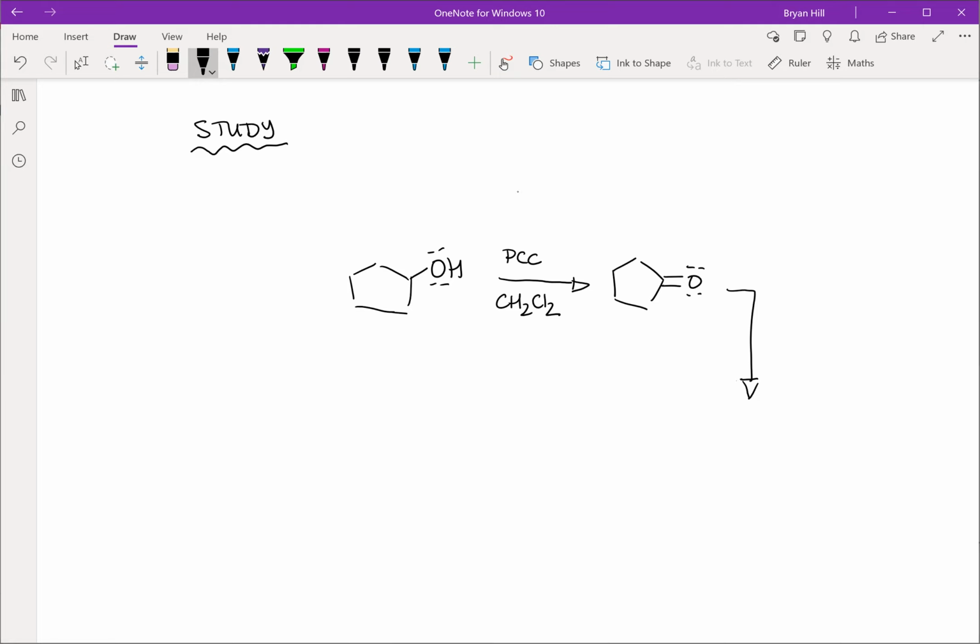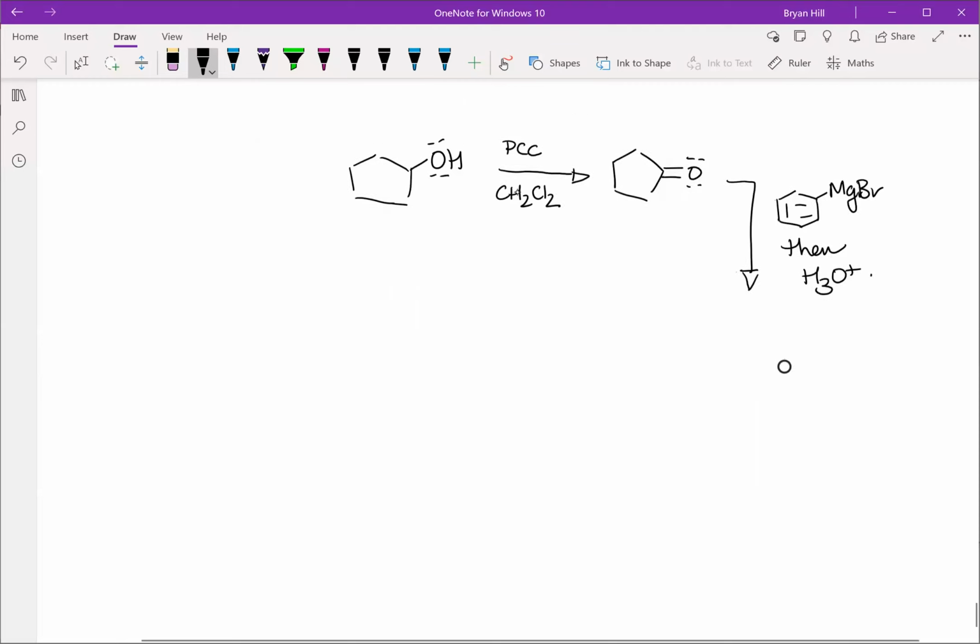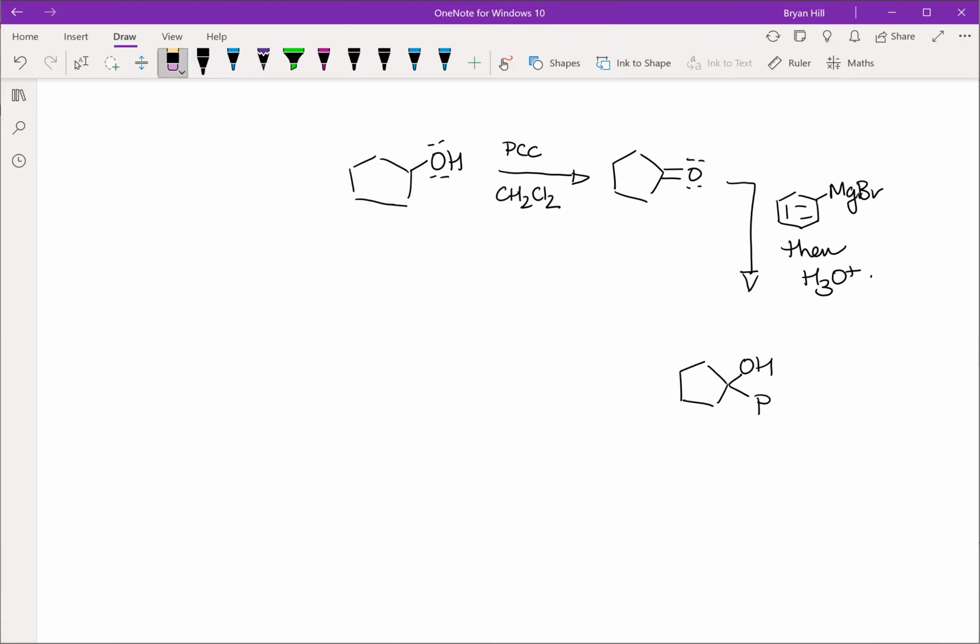You could say something like, well, I'm going to react this with this Grignard reagent, and it's going to make, I'll draw out the whole thing, this.